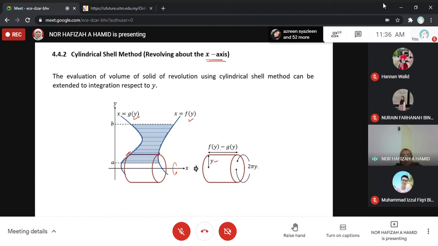And then 2 pi y ni is referred to the perimeter of the circle ni. So nanti you akan dapat dia punya surface area, which is 2 pi y times F(y) minus G(y). Ini untuk surface area sahaja, kita tak masuk lagi dia punya thickness. So nanti kalau you dah multiply dengan thickness, dia akan jadi volume.